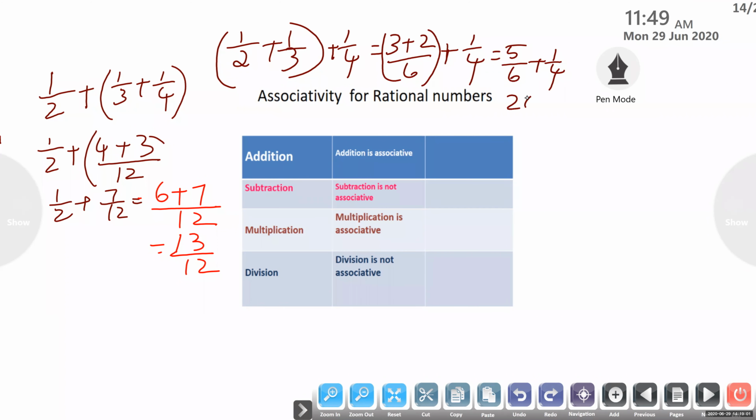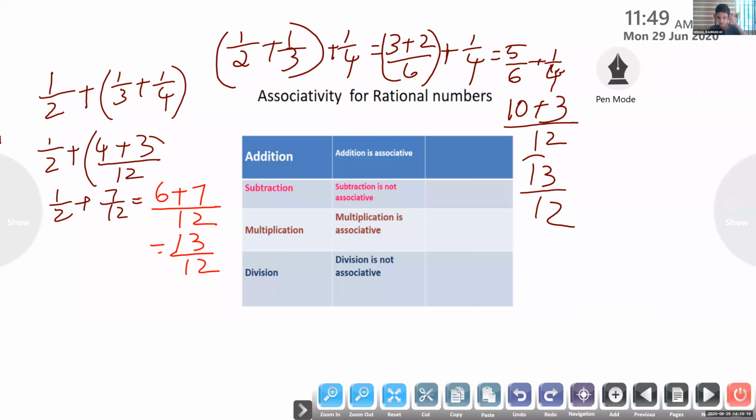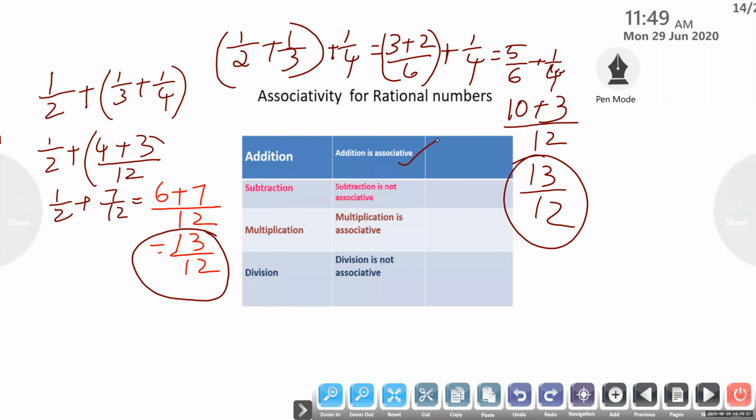LCM of 4 and 6 is 12. So it is 10 plus 3 by 12, which is 13 by 12. Here it is 13 by 12. Here also it is 13 by 12. So which means what? Addition is associative.